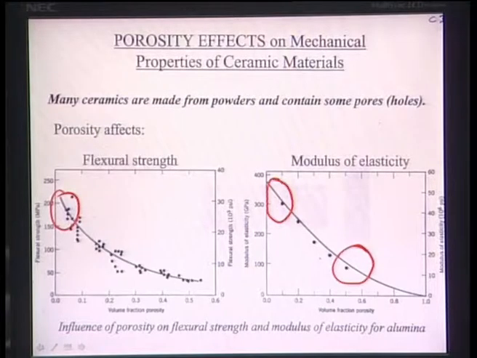Now, you have to do experiments to find out what porosity level gives what elastic modulus. If you want to get down from 200 gigapascal to 70, 80 or 100 gigapascal, then you roughly know that around 40% or 50% porosity should be in the material.